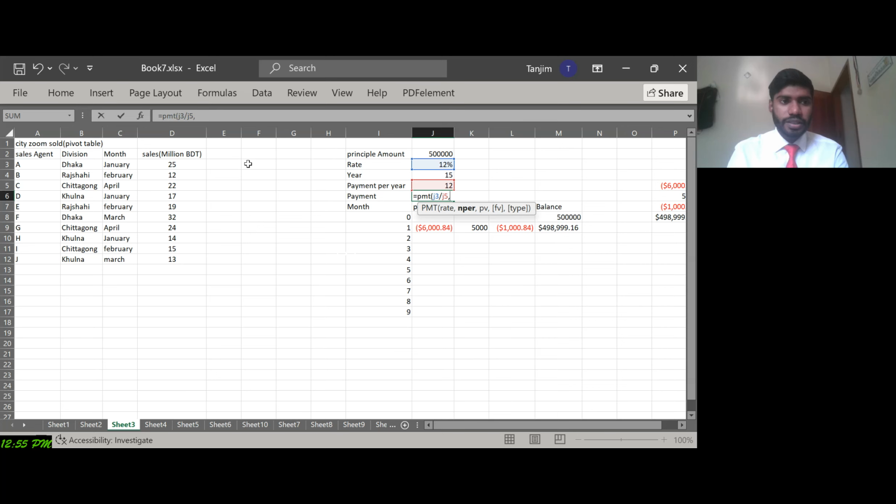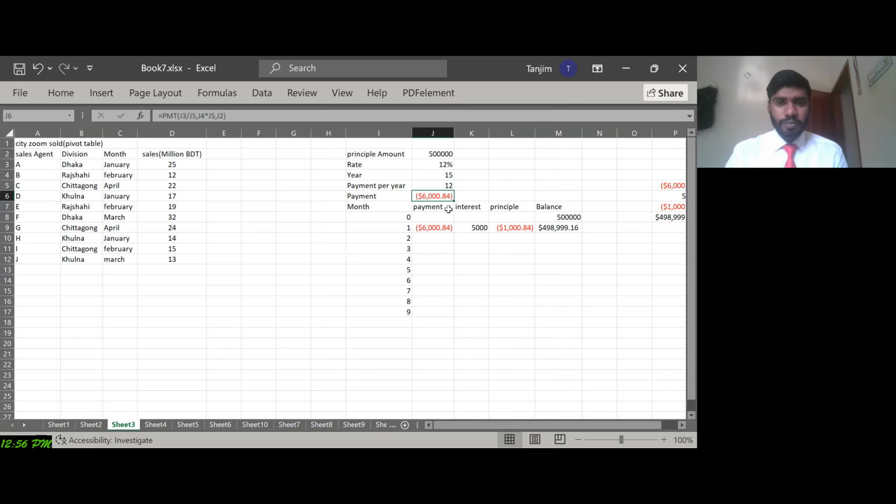Here the number of years is J4, so we press J4 into J5, right? Okay, and comma, and the present value of this amount is J2. So press J2 and then press enter, and we can see it is approximately 6,000.